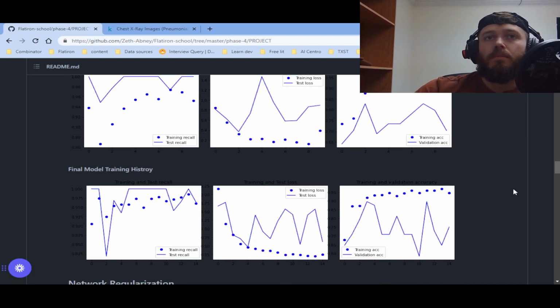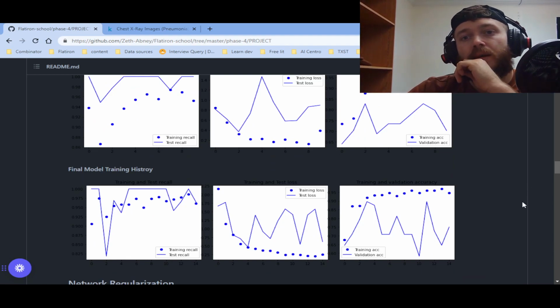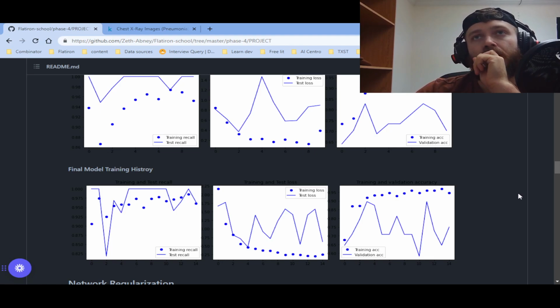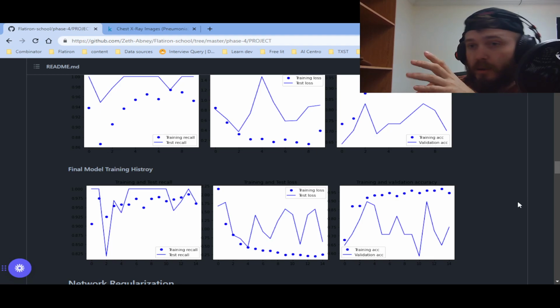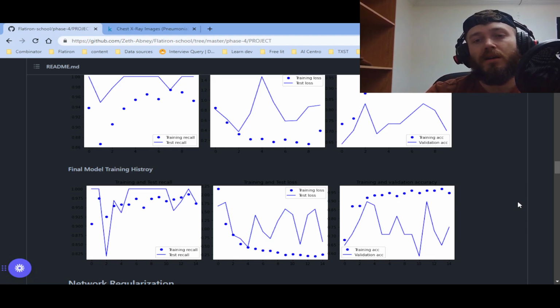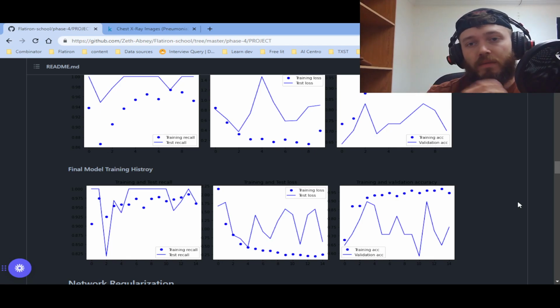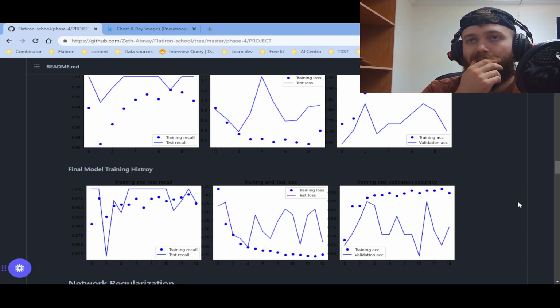And mostly I just played with the batch size and, what else? I lost my train of thought. Your epochs, duh. So yeah, your batch size and your epochs, and how many times it laps back and forth through the layers before it goes to a new batch.